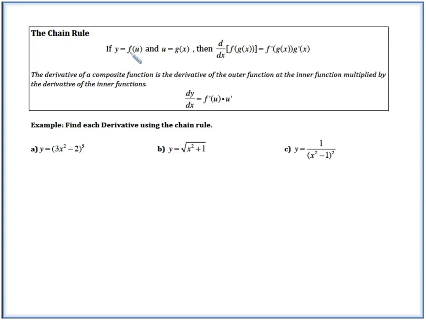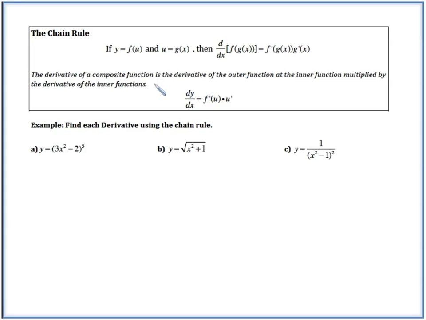So if y equals f of some inner function u, where u is a function g of x, then the derivative with respect to x of that composite function f of g of x is f prime of g of x times g prime of x. So it's the derivative of the outer function, okay, at the inner function, times the derivative of that inner function.